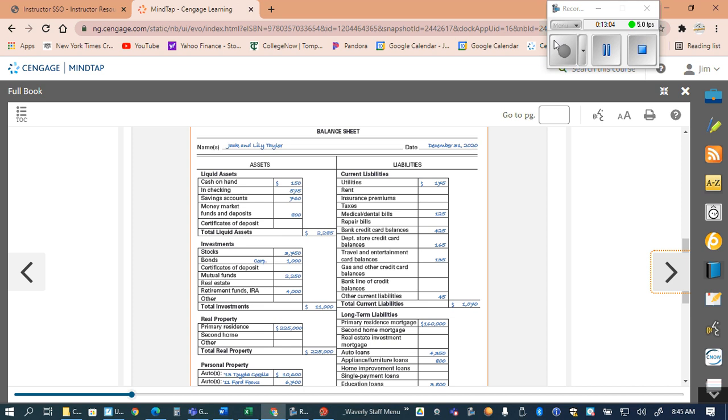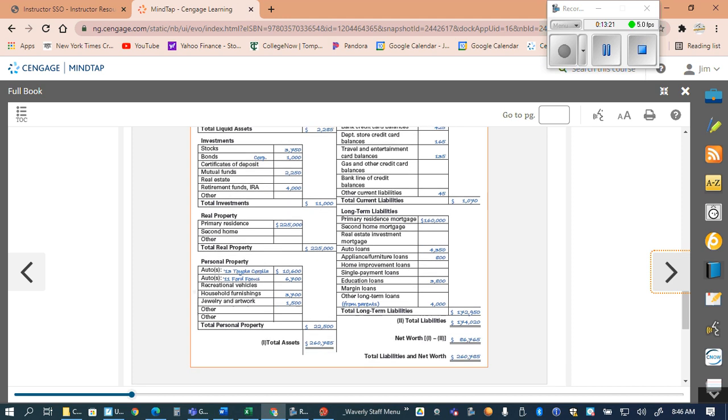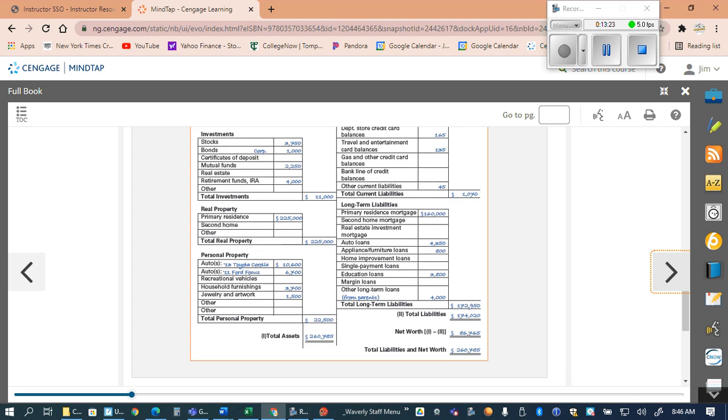The real property, we're not confused about that anymore, right? What's real property? It's just land, houses, structures, right? Then your personal property: cars, recreational vehicles, furniture, jewelry, artwork, whatever, other you can put in there.